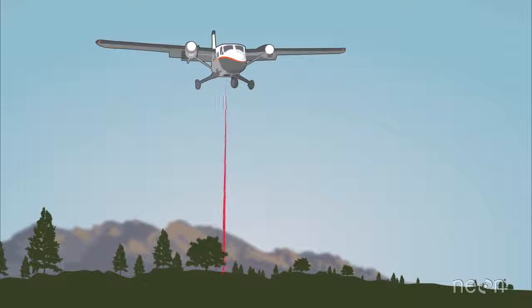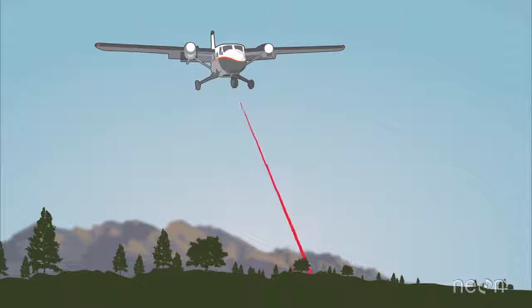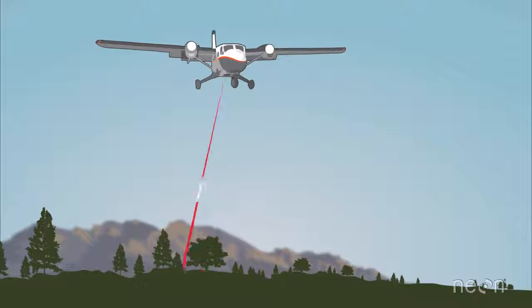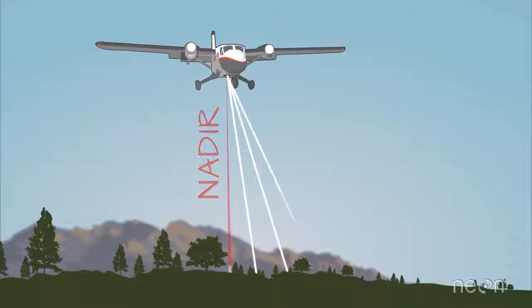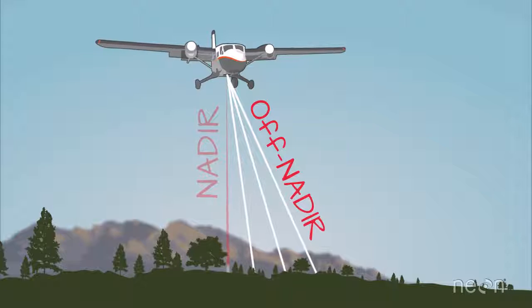And also, an airborne system scans the Earth from side to side to cover a larger area on the ground when flying. So while some light pulses travel vertically from the plane to the ground, or directly at nadir if we're still talking Lidar lingo here, most pulses leave the plane at an angle or off nadir. So the system also needs to account for pulse angle when it calculates elevation.